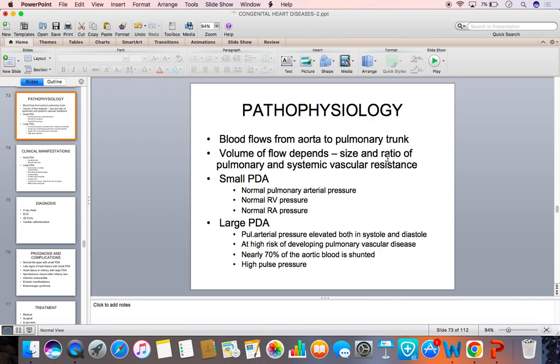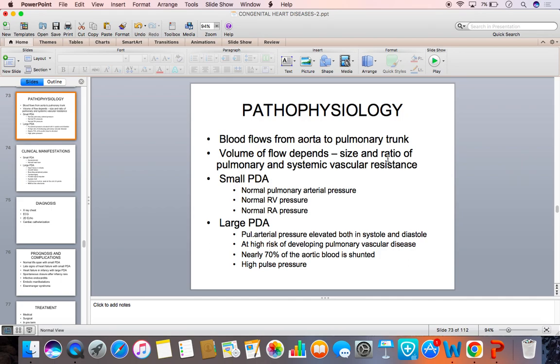So pulmonary arterial pressure is elevated in both systole and diastole, with a high risk of developing pulmonary vascular disease, because pulmonary circulation occurs at systemic pressure, resulting in endothelial damage to the pulmonary capillaries, which in turn react, resulting in pulmonary vascular disease, which could be early in onset during the course of patent ductus arteriosus.